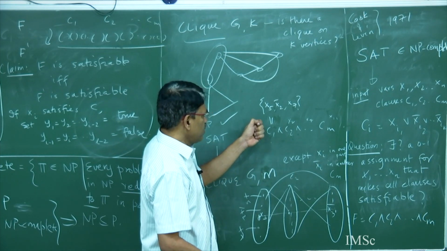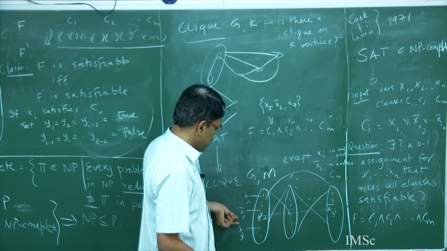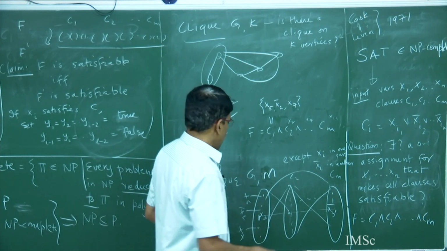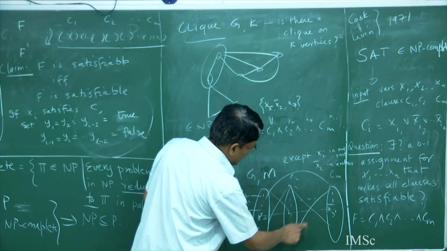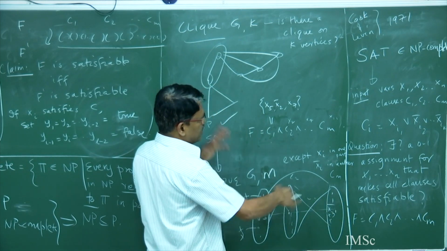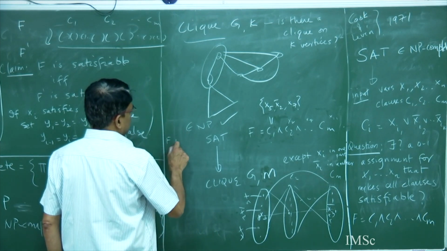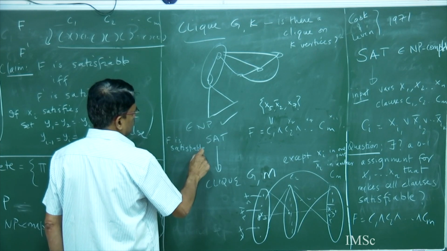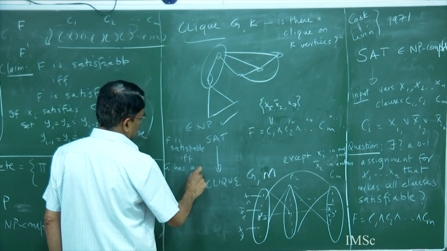There is a copy of whatever these literals are in this graph. Now, I add an edge between every pair of them, but if an x2 bar is here and x2 is sitting somewhere else, I will not add an edge, I will add the remaining edges. Now, we can prove that f is satisfiable if and only if G has an M clique.